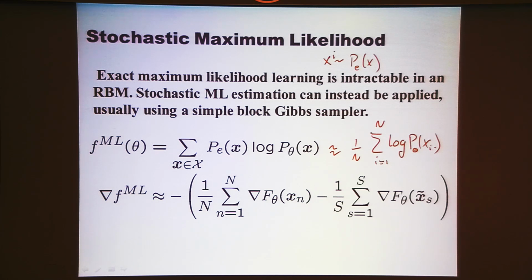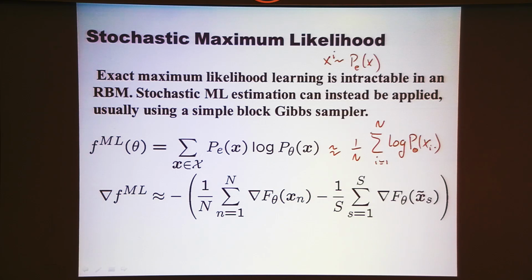If you take derivatives of this to find an expression for the gradient, which I hope someone covered, if not tomorrow or just after hours I can go over this with you, you get that the gradient looks like this. The gradient is contrasting the free energy evaluated at the data and the expected free energy. Now we can't do the expectation, so what we do is we draw samples and approximate this expectation with a few samples.